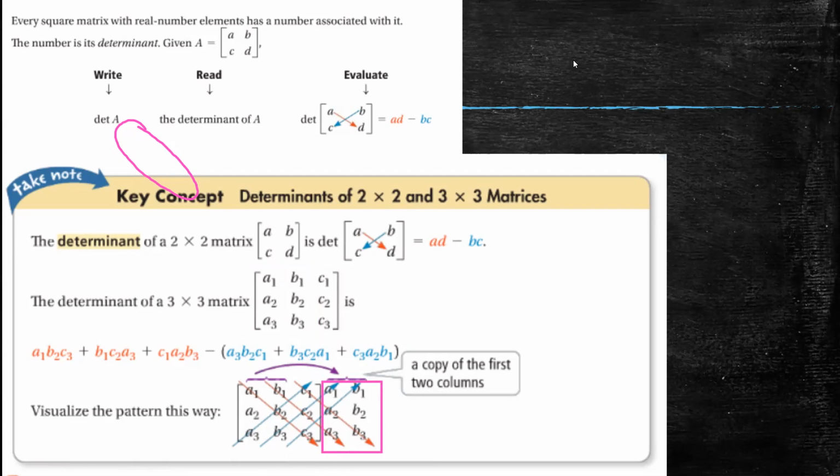I think the dimension 3 by 3 is a little complicated. If you have this matrix here now, I told you, you have to copy.